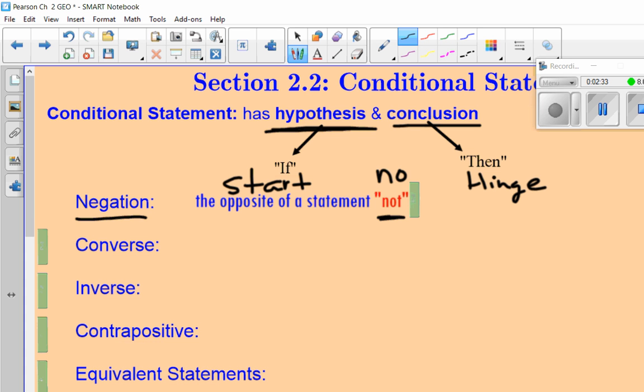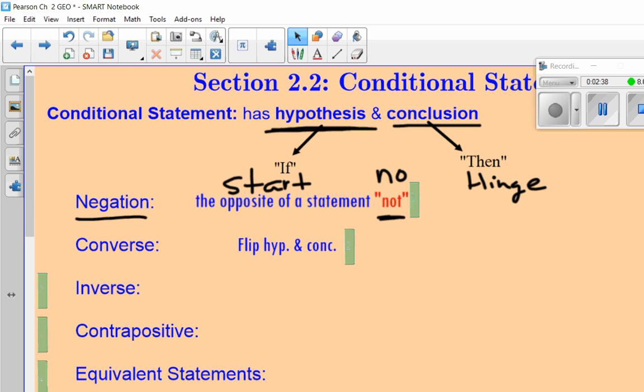The second term that we have here is converse. For the converse, we're going to take our statement that started with the word if and then hinged on the word then, and we're going to flip it. Okay. So remember, the first part of my statement was the hypothesis. The second part of my statement was the conclusion. So to write a converse of a statement, I take those two pieces and I flip them.